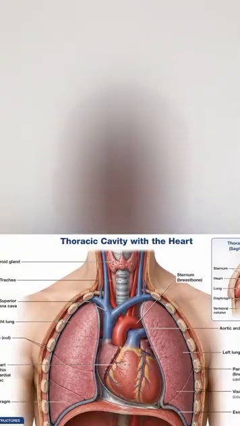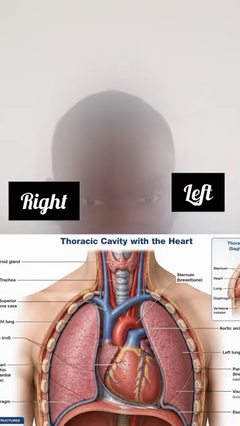The heart is a hollow muscular organ that is cone shaped, right? It's located between the two lungs within your thoracic cavity, posterior to the middle mediastinum, majorly towards the left of your thoracic cavity.